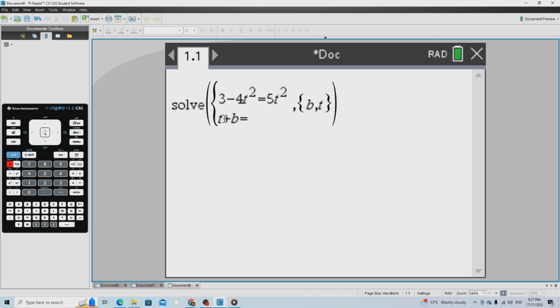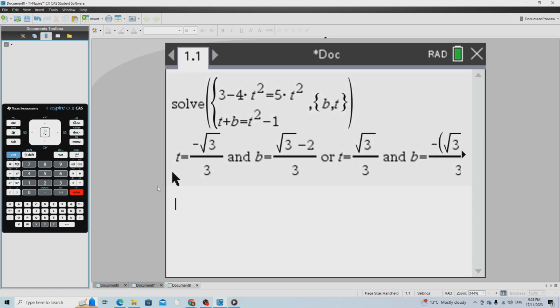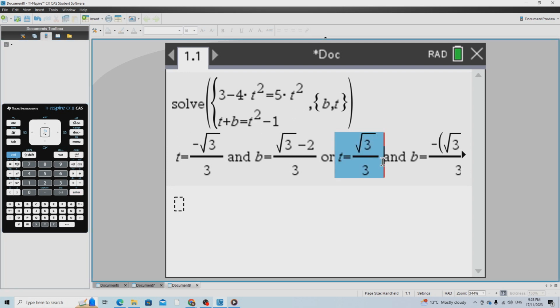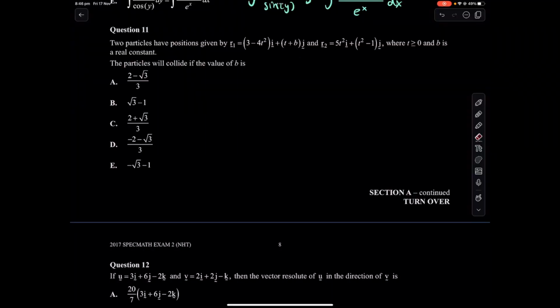And the other one is t plus b is equal to t squared minus 1. And we solve this and we get all these values. But, of course, t is greater than 0. I forgot to keep that. So it has to only be this one here. Which one has this one? It'll be negative 2 minus root 3 over 3. So D is the answer for that one.